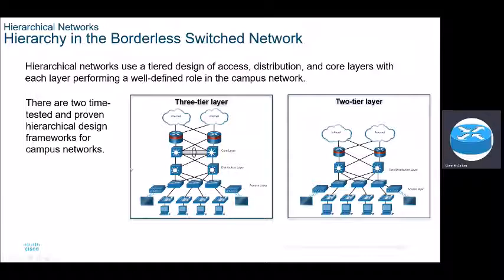And then, of course, layer 3 routing, and then core layer can either be routed layer 2 or layer 3, but its major thing is speed. Now, for smaller networks that don't need all three tiers, you can combine the core and distribution layers together to save on hardware if there's no need for all that extra hardware.